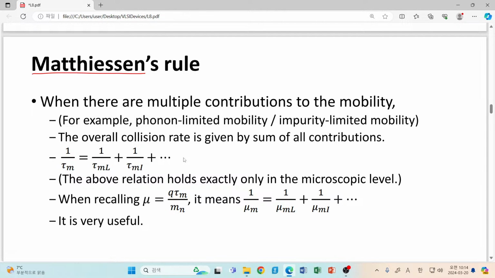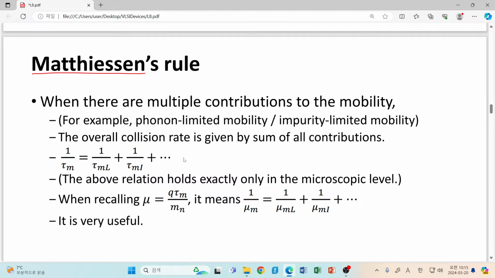I think that understanding this Matthiessen's rule is quite good, but we also have to understand this is not very exact. In practical purposes we may always rely on this relation.